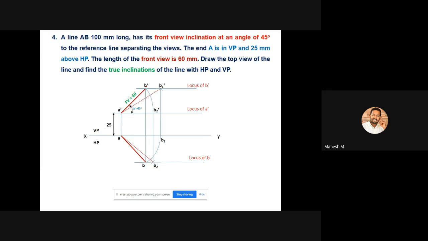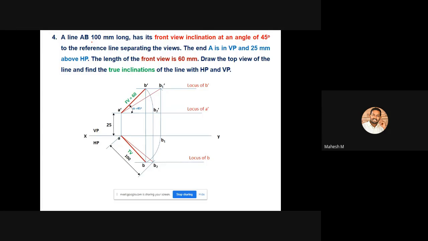Okay, so now you can write your result. What are the data that we need to find? We need to find the length of the top view, and also measure the angle of the top view. And you have to mention the true inclinations. These are all the data, and also you have to do the dimensioning.